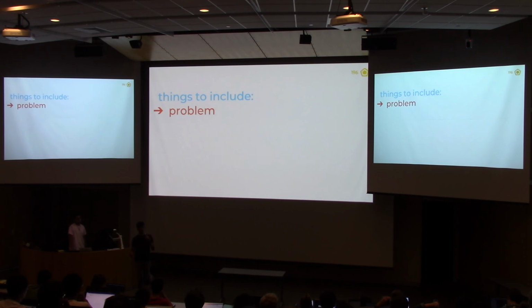Number one, the problem that you're trying to solve. There's no point of having a pitch that just talks about a solution if you're not talking about the problem that you're trying to address. There's no point in trying to pitch shoes that let you walk on water if you don't talk about the problem. I mean, that's a really cool thing to sell. I would buy them.